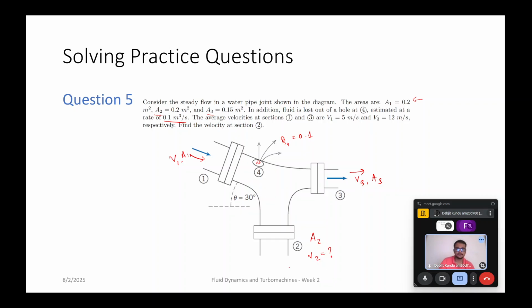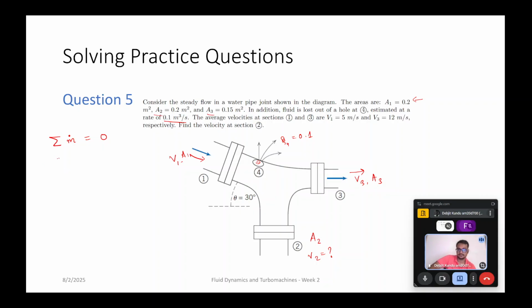So, considering that this is a steady flow and applying Reynolds transport theorem for mass conservation. And we won't do the whole integration now since we know that there are discrete surfaces through which the flow occurs. So we can convert that into a summation. So we can just say summation of all the mass fluxes should be equal to zero.